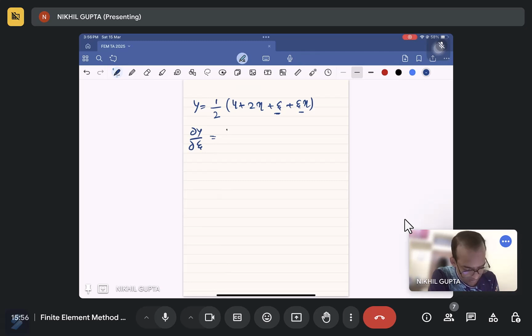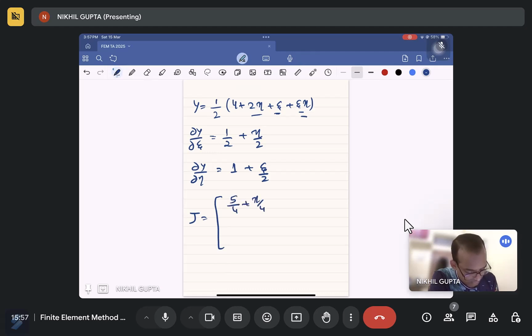So it will be 1 by 2 plus eta by 2. Del y by del eta will be this and this. It will be 1 plus xi by 2. Correct. Let's substitute this in the Jacobian matrix, and we'll get 5 by 4 plus eta by 4. I'm just substituting the value. 1 by 2 plus eta by 2, minus 1 by 4 plus xi by 4, and 1 plus xi by 2.